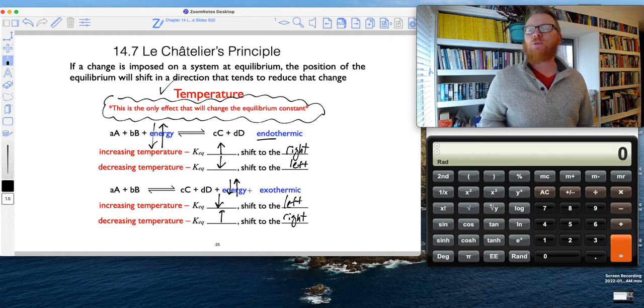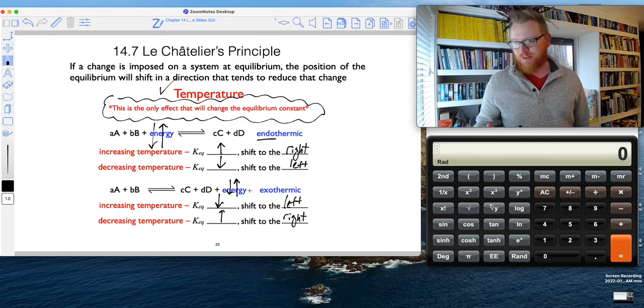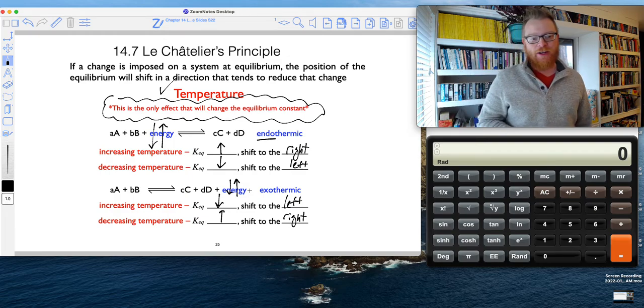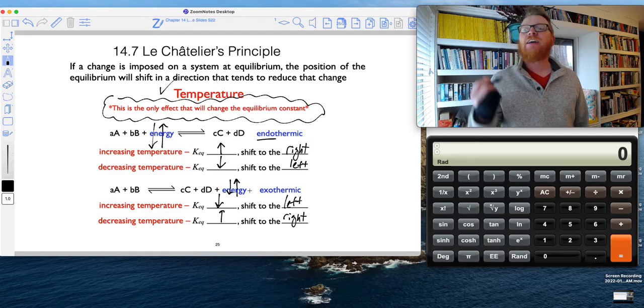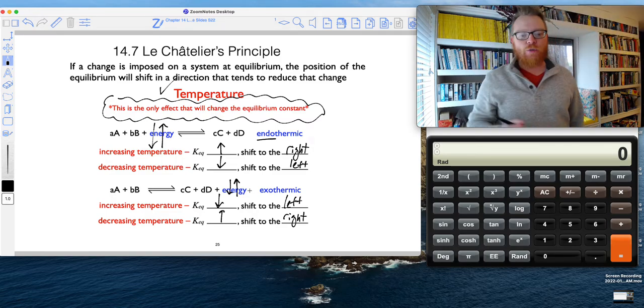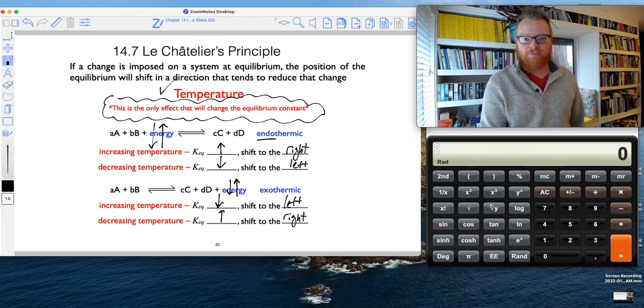So combustion works better when it's colder outside. I know that seems counterintuitive, but it's because it's so cold, there's less energy to fill in. So those reactants want to push over to products even more to fill in that empty space.